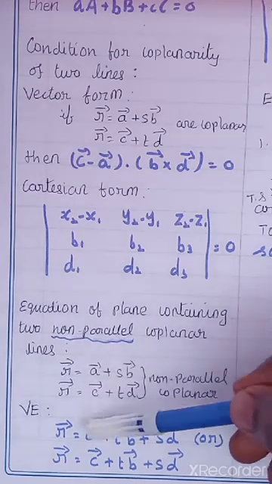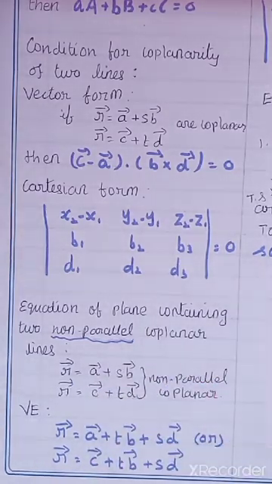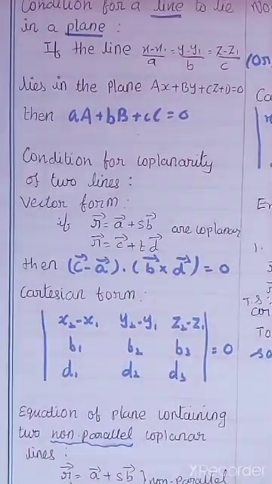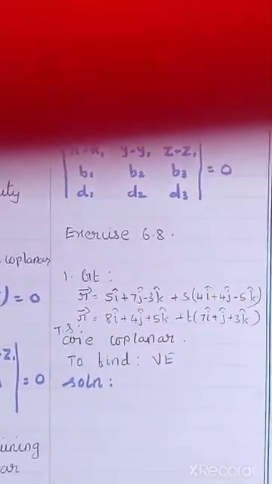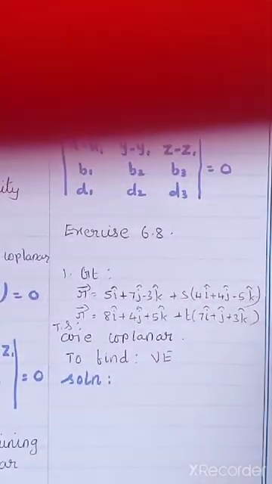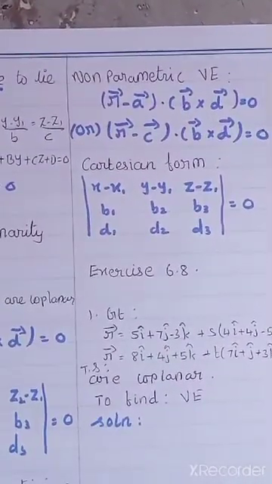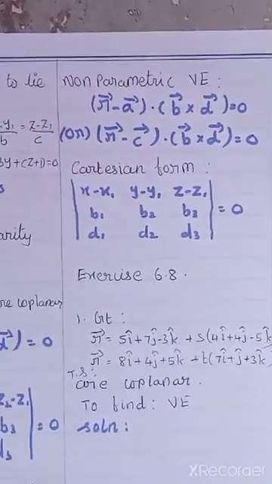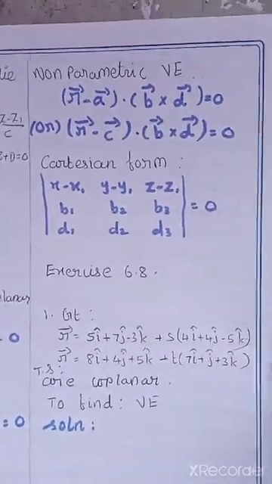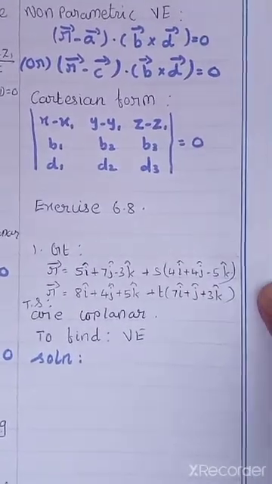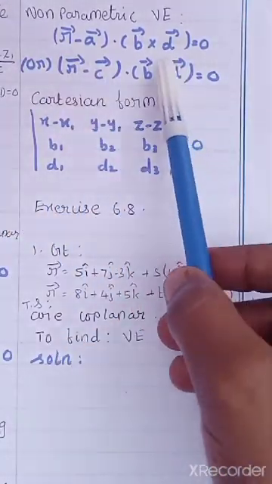So with a you can make the first equation, or with c you can make the second equation. Is that clear? Yes. So what is this? The vector equation of a plane containing two non-parallel coplanar lines, right? Next, we saw the vector equation; now we are going to see the non-parametric vector equation. So what is your non-parametric vector equation?